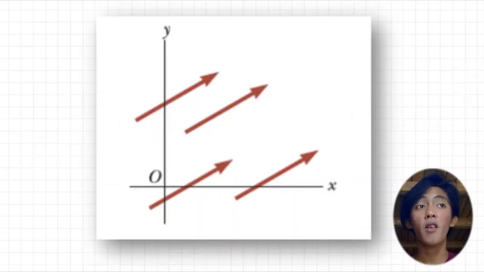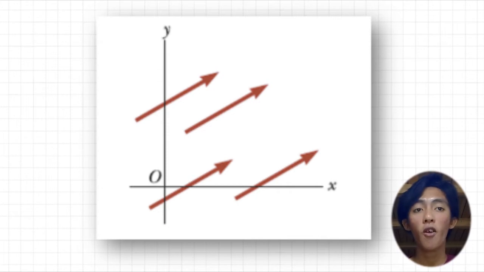For example, all the vectors in the figure are equal, even though they have different starting points. This property allows us to translate a vector parallel to itself in a diagram without affecting the vector. So in the diagram, these four representations of vectors are equal because all four vectors have the same magnitude and point in the same direction.